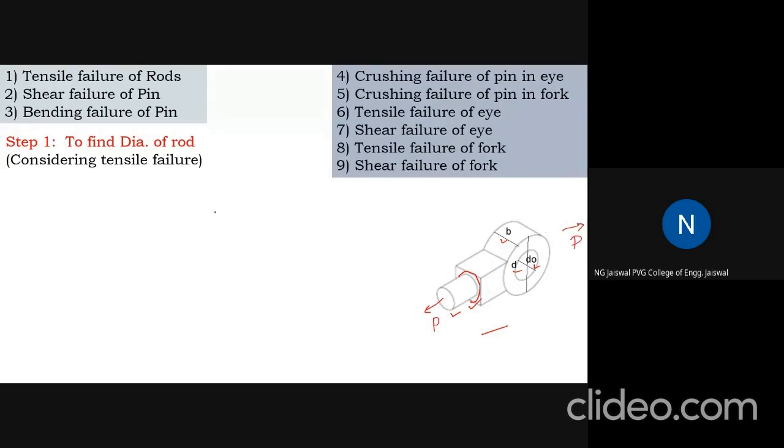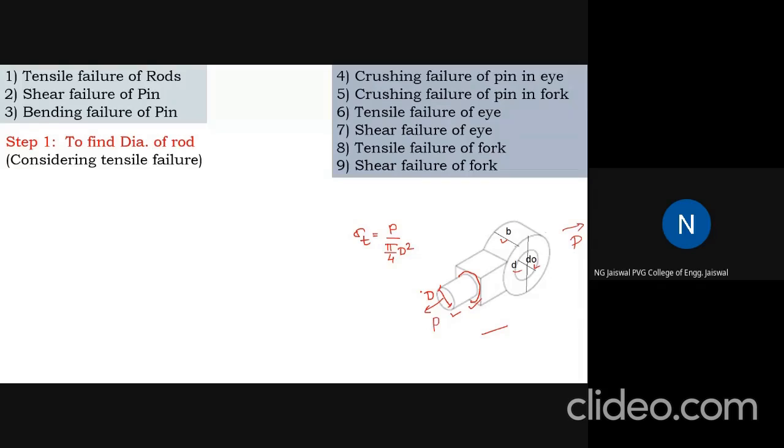So considering the tensile failure, I can write the equation sigma T is equal to force divided by cross-section area. And cross-section area is pi by 4 D square, where D is diameter of this rod.